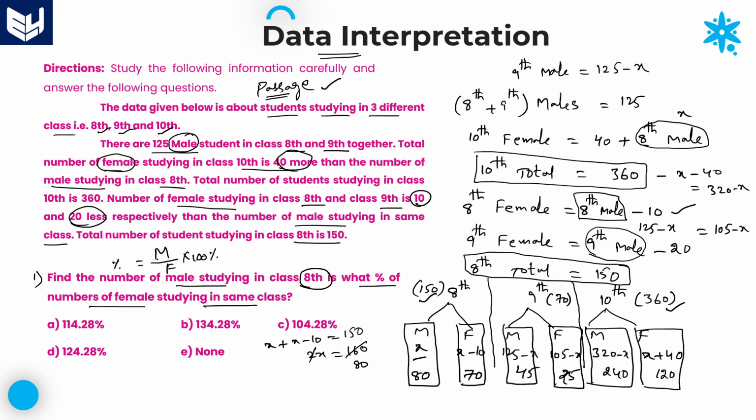Therefore our required percentage is equal to 8th class males in the numerator, 8th class females in the denominator. 8th class males value is 80, whereas females is 70, into 100.